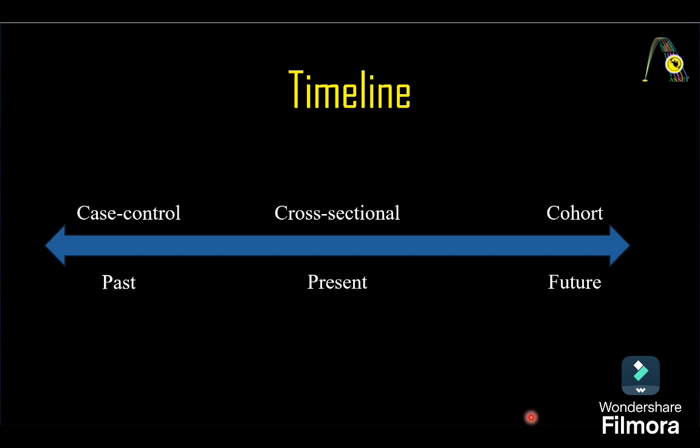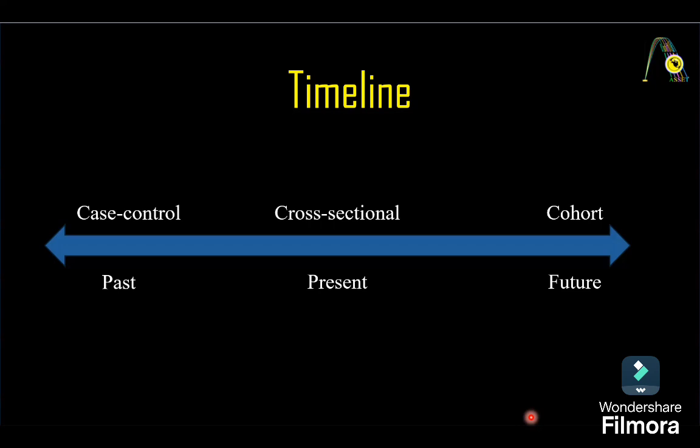So if we take the example of diabetes here, you're looking at whether a participant smokes, or has a sedentary lifestyle, things like that, right? And you're seeing over a period of time, be that 5 or 10 years down the road, do they eventually develop diabetes?